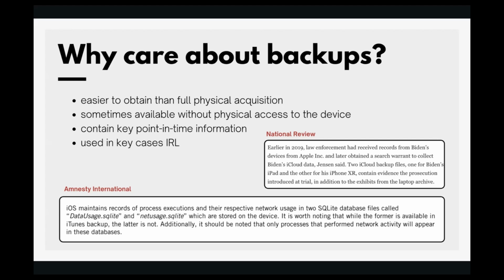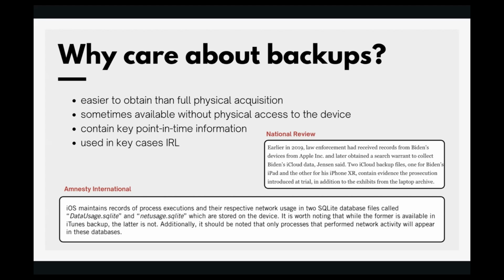It does contain key point-in-time information, and it's also been used in key cases in real life and in key investigations. One example is the Hunter Biden scandal. Two iCloud backup files were used in the investigation. I think it was an iPad and an iPhone backup that was checked there.